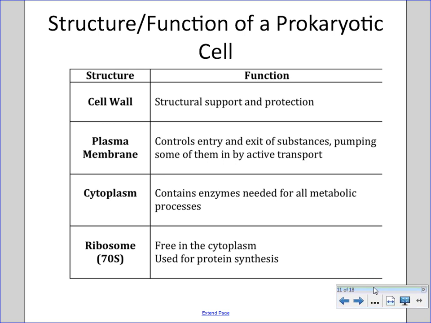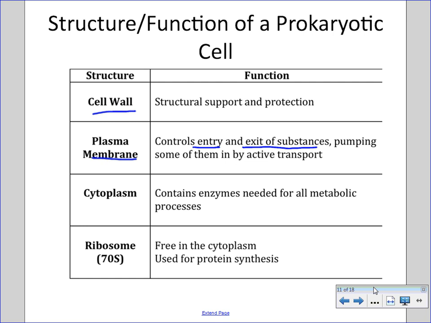Having a look at the different structures on prokaryotes and their functions as well, we'll start with the cell wall. The cell wall will provide structural support and protection. Adjacent to the cell wall will be the plasma membrane. The plasma membrane, as with any other cell, is going to control entry and exit of substances.